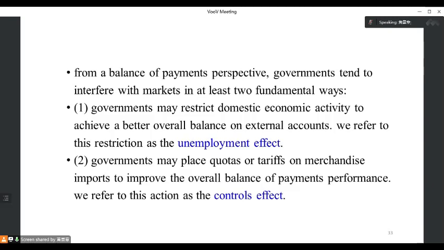In another word, government can also place quotas or tariffs on merchandise imports. It means control effect. From the two methods, this country can get the equilibrium account.